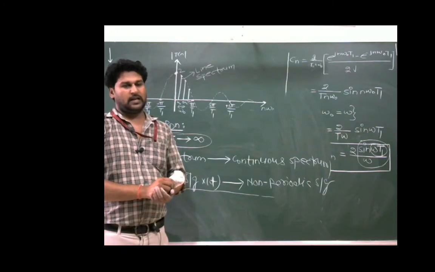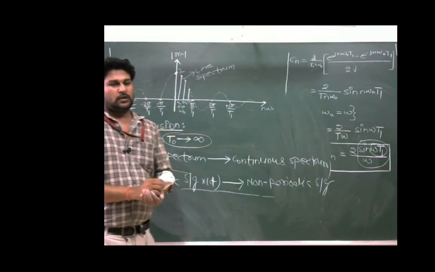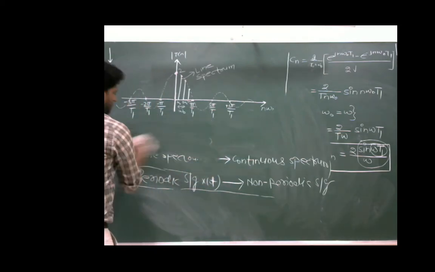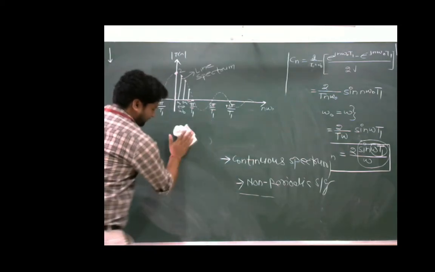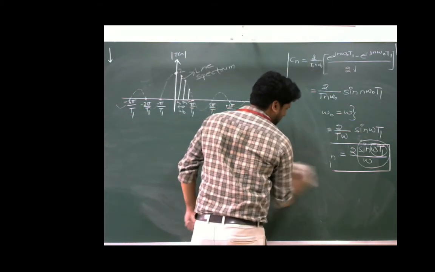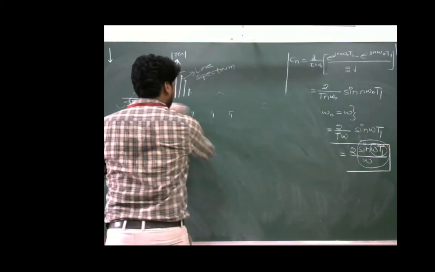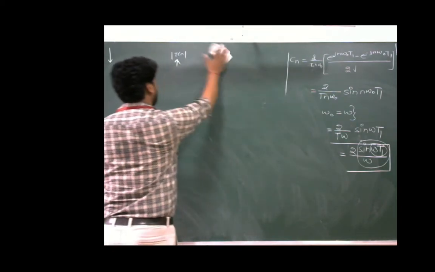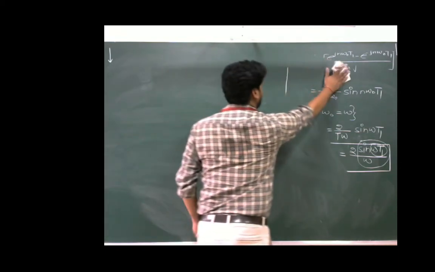This will lead us to the foundation of the Fourier transform. This is the conclusion of the previous few minutes. Now we will go to the Fourier transform in more detail, so we will start the Fourier transform from here.